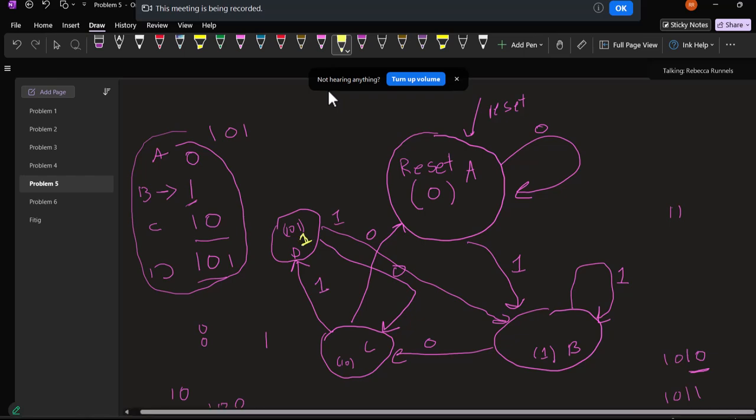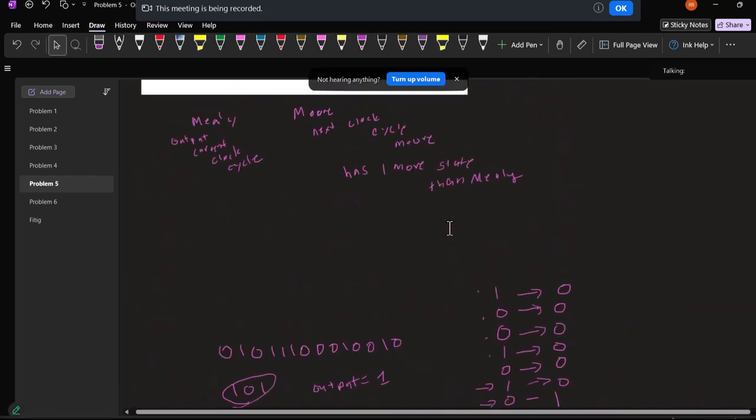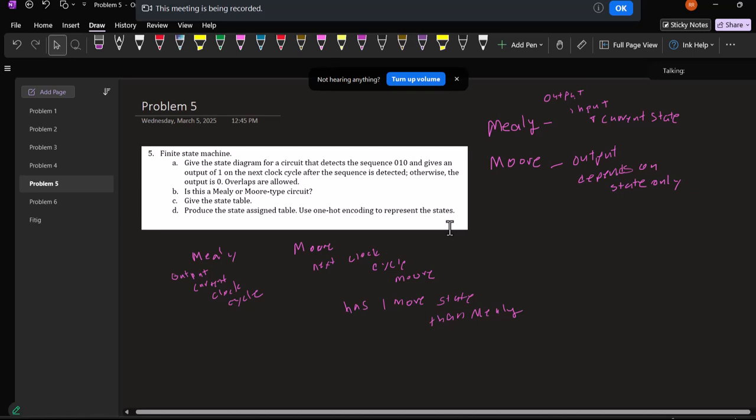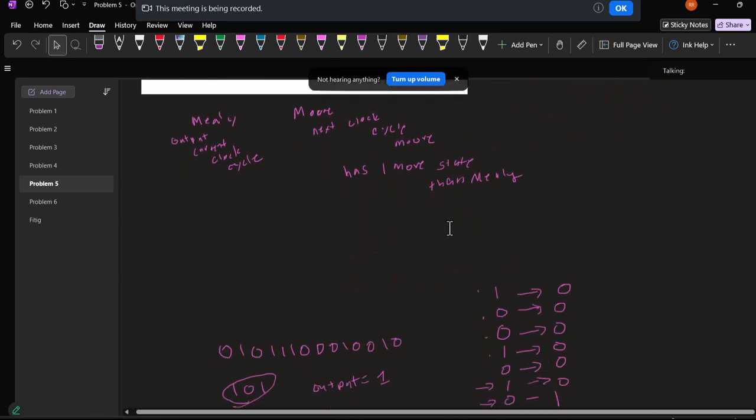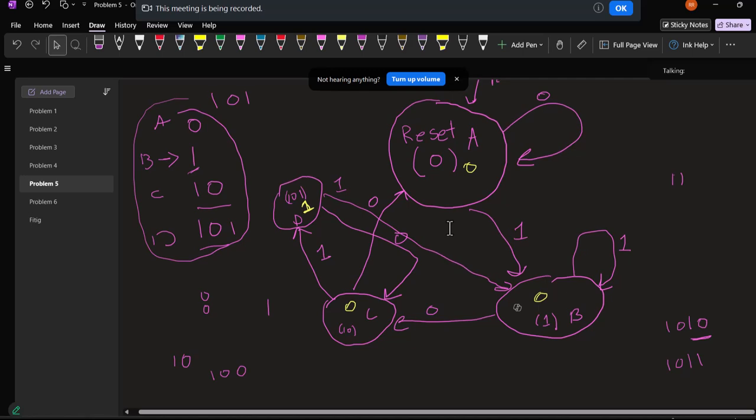And for a Moore machine, you can just write the output on the state itself. So here's our state diagram.